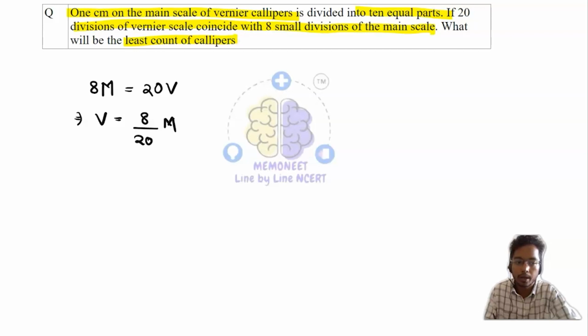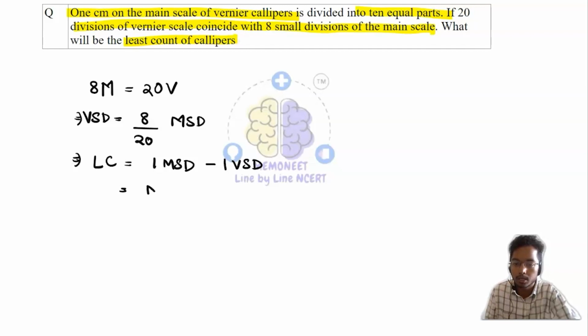Or we can write it as VSD and MSD, vernier scale division and main scale division. So the vernier scale division is equal to 8 upon 20 main scale division. If you find the least count, that is 1 MSD minus 1 VSD, it means MSD minus 8 upon 20 MSD.